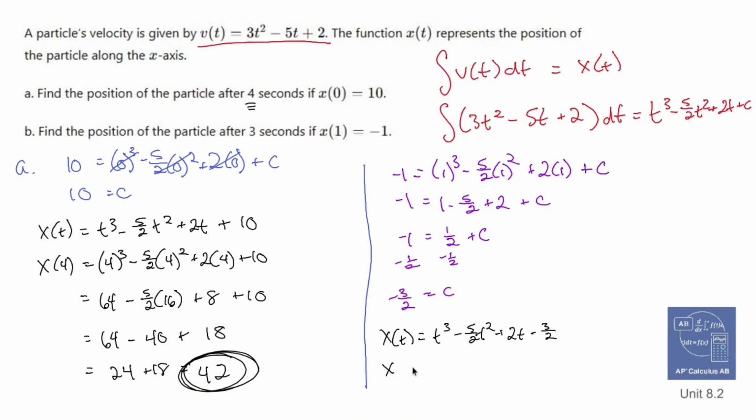X of 3 is going to be 3 cubed minus 5 over 2 times 3 squared plus 2 times 3 minus 3 over 2. That's 27 minus 5 halves times 9 plus 6 minus 3 over 2.